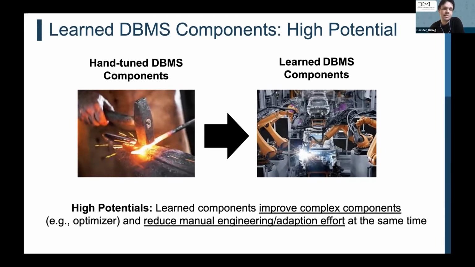On the other side, if you can learn from a behavior, you can reduce the manual engineering effort. If you just train a model with training data that tells you how an optimizer should behave, you get rid of the manual engineering effort that is often needed to implement these complex components. So in the best case, it saves you significant manual engineering costs.